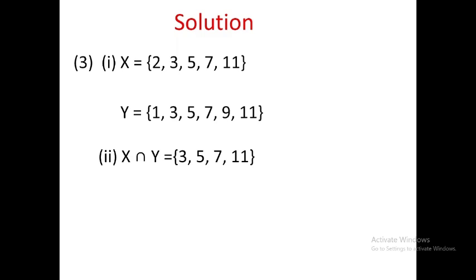The next is to find x union y, union meaning to combine two or more sets. So let's bring everything together. We will have 1, 2, 3, 5, 7, 9, and 11, like you can see on your screen. I believe it's simple.